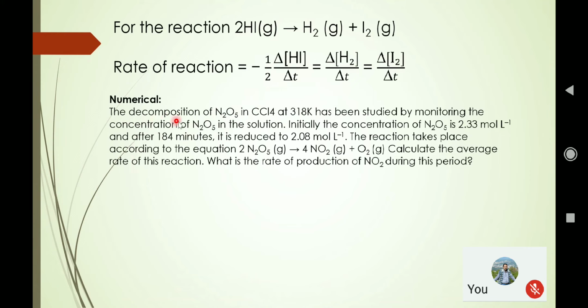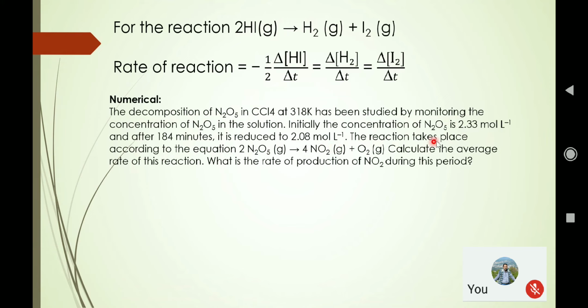The decomposition of N2O5 in CCl4 at around 318 Kelvin has been studied by monitoring the concentration of N2O5 in the solution. Initially, the concentration of N2O5 is 2.33 moles per liter, and after 184 minutes, it is reduced to 2.08 moles per liter.